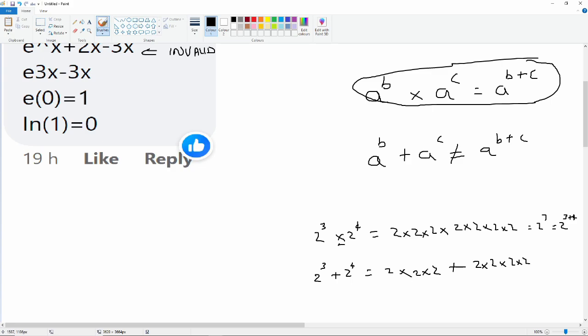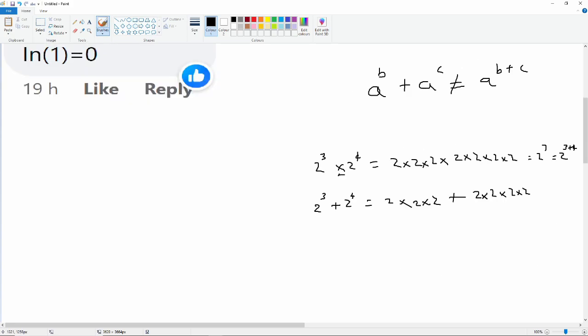And of course that is not equal to 2 to the power 7. 2 times 2 times 2 is 8 plus 16, which is equal to 24. That's not equal to 2 to the power 7. Alright, so what we could do, I suppose, is to pull the 2 cubed out.